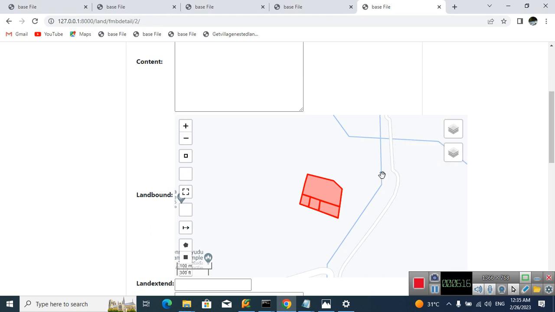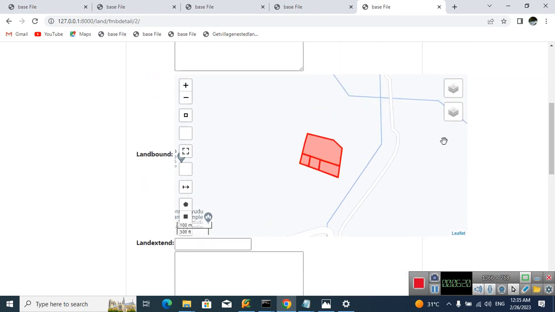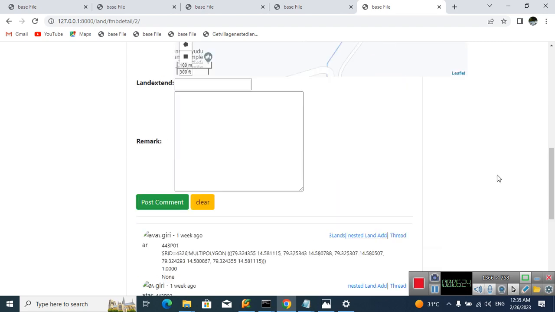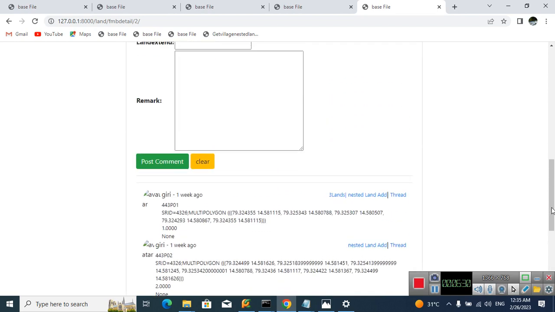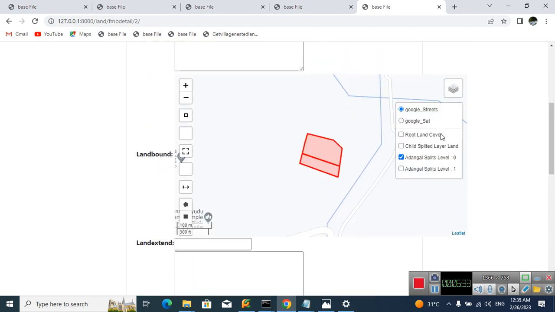I am giving a conclusion for the data at the map level: how, in this tree manner, we can split using the graph tree algorithm to get detailed information on how it sub-splits and shows. I am giving a conclusion based on the extension.